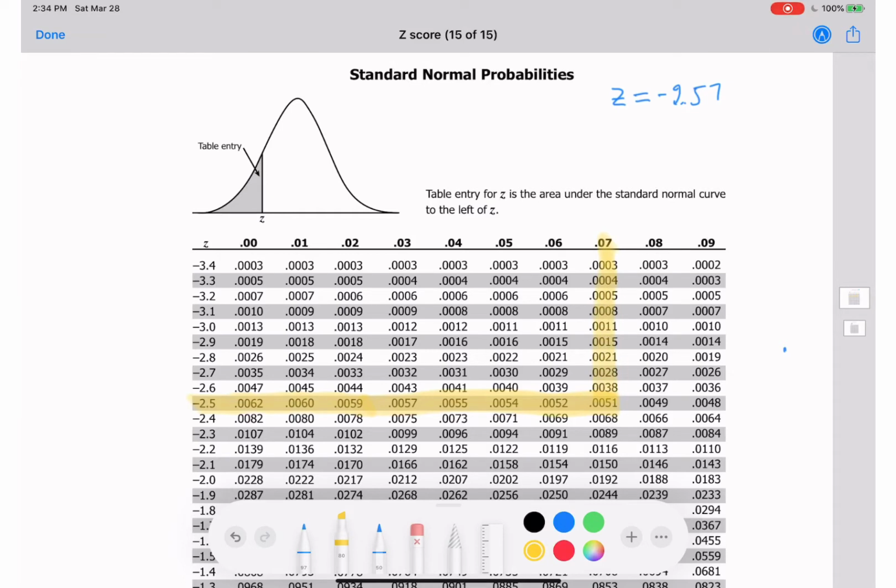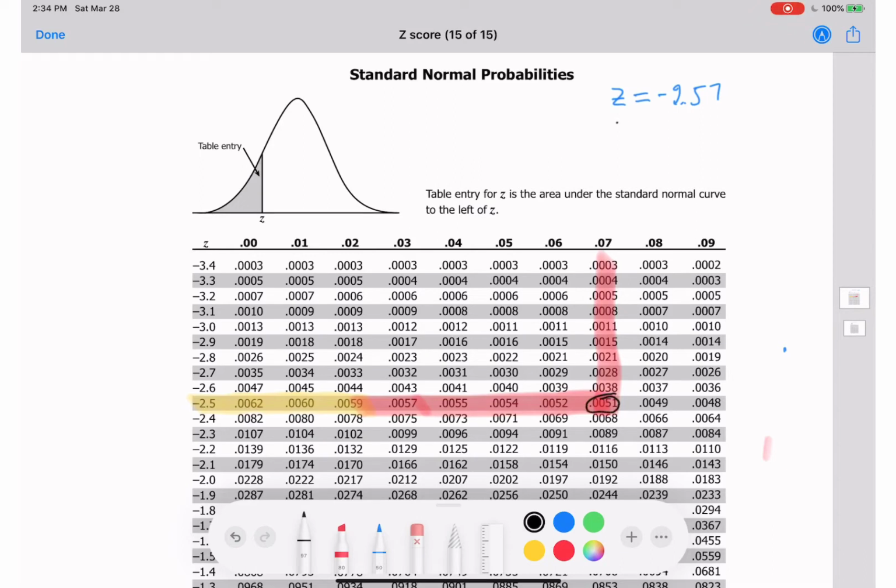Our number is going to be... oops, that's not what I meant. Hold on. Okay, one more time. Well, let it be red. 57 here, 57 here, and our number is 0.0051.